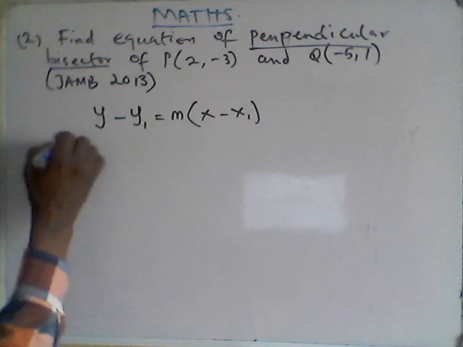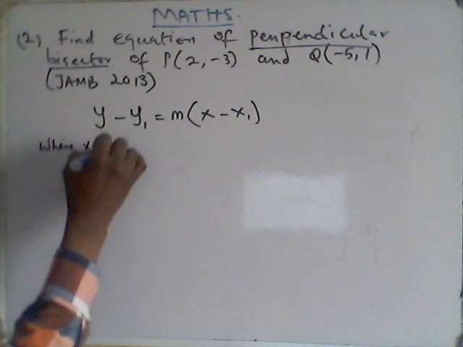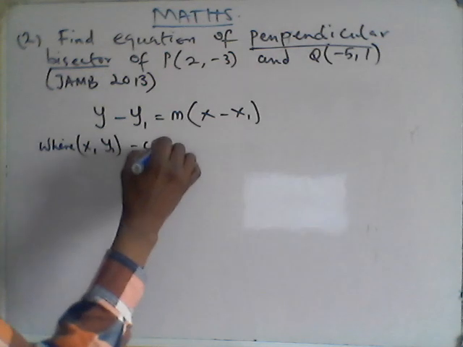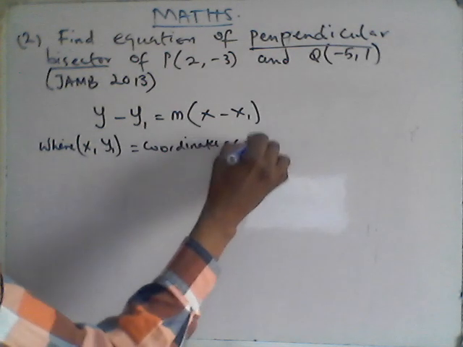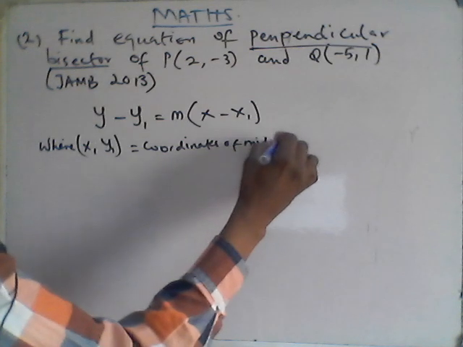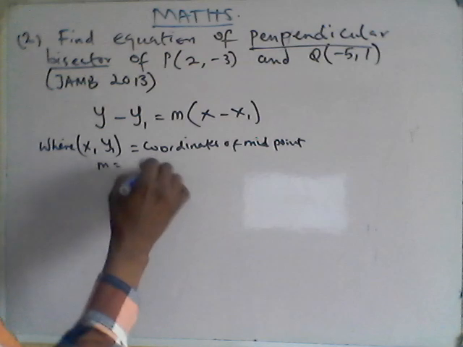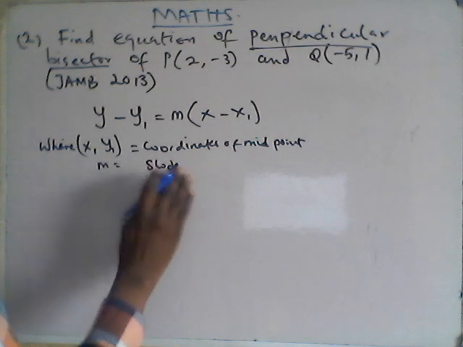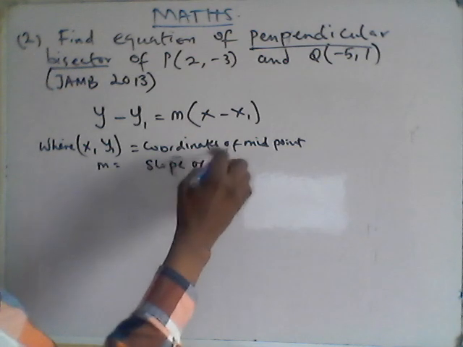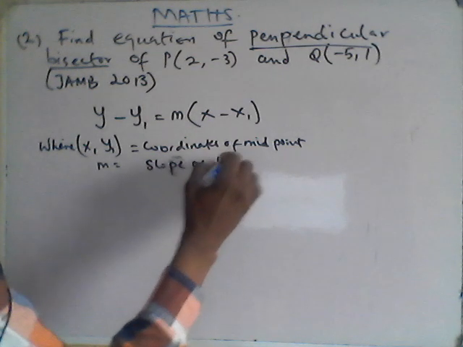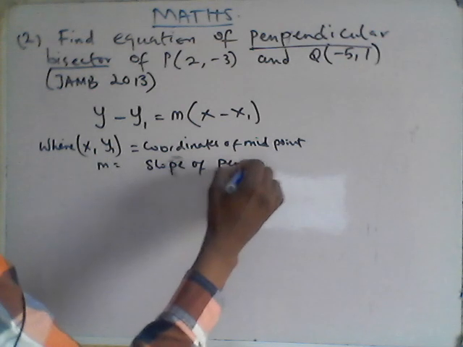Okay, so let me put where x1, y1 is equals to coordinates of midpoint, and m is equals to slope of perpendicular bisector.